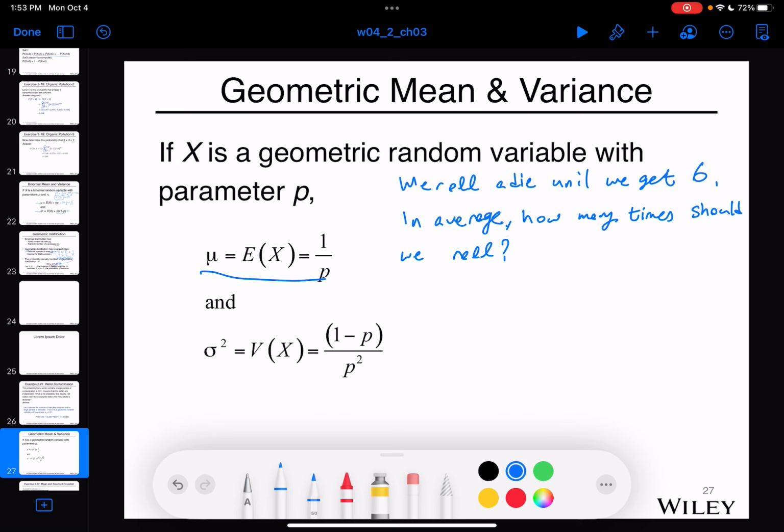So the answer, as you knew by your intuition, is 6 times. And we can use the equation. The expected value or mean is 1 over p, which is 1 over 1 over 6, because the chance of getting a 6 is 1 over 6, and that's 6. Any questions? Okay.